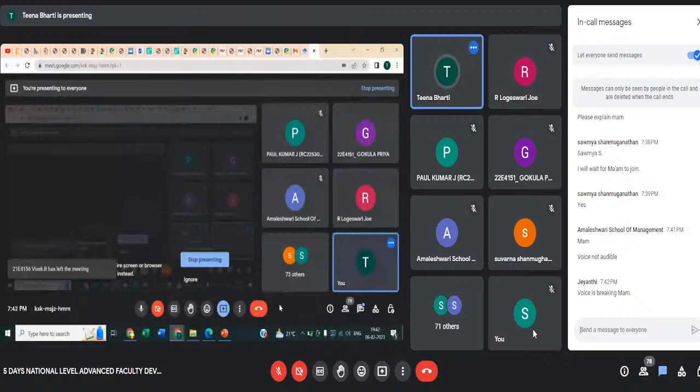So then, as I was explaining, when you go for skimming, you have to dig a bit deeper.